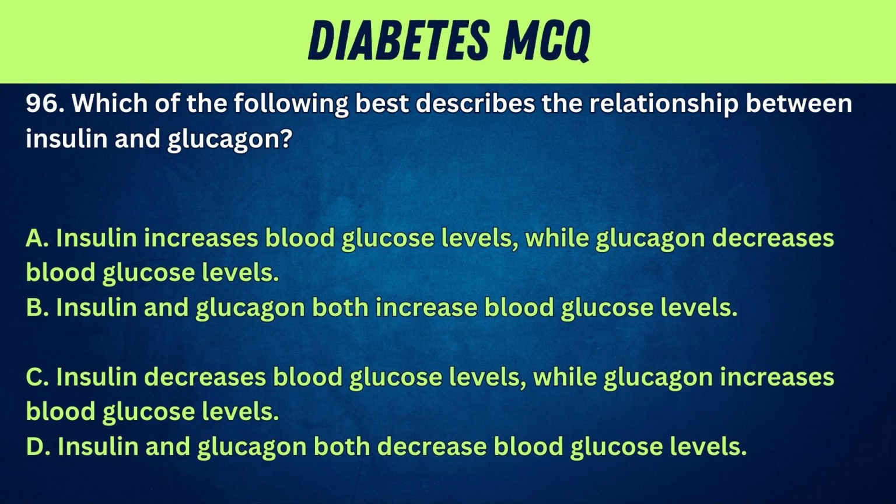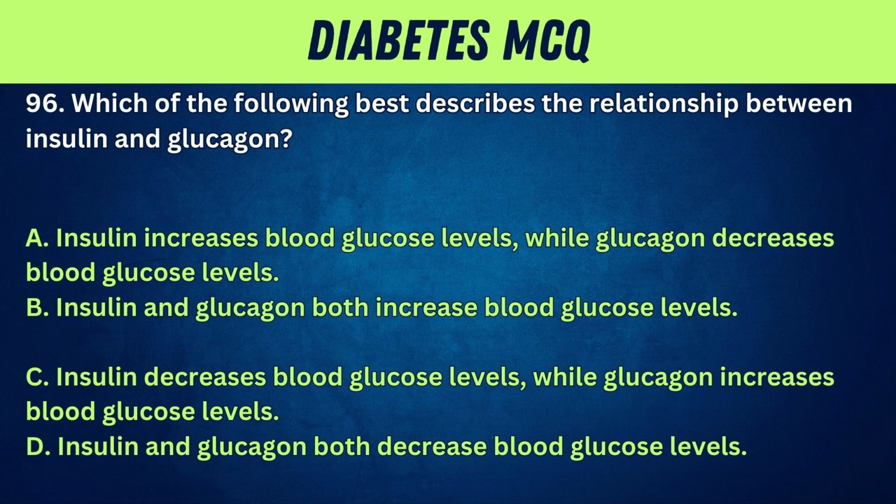96. Which of the following best describes the relationship between insulin and glucagon? A. Insulin increases blood glucose levels, while glucagon decreases blood glucose levels. B. Insulin and glucagon both increase blood glucose levels. C. Insulin decreases blood glucose levels, while glucagon increases blood glucose levels.